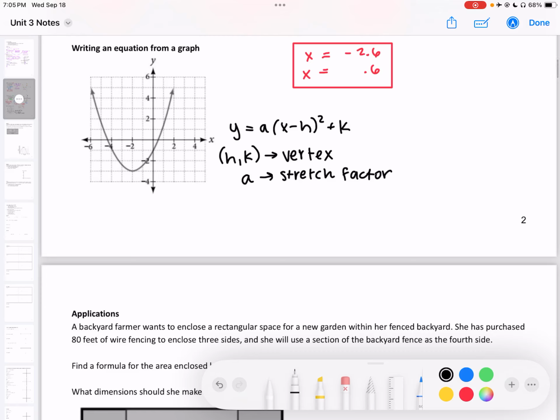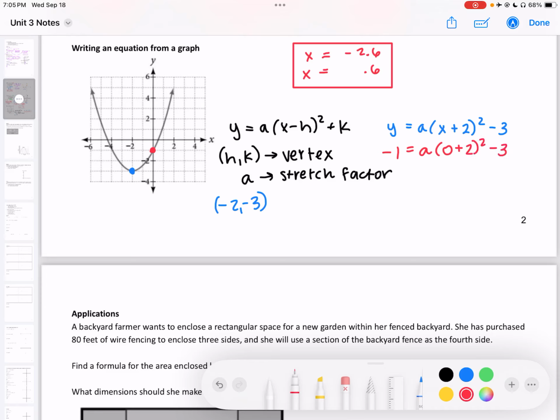So let's go ahead and plug in what we know. We know our vertex is -2, -3. So let's go ahead and plug that in. X minus -2 will be +2, and then -3. Now I need to find A. So I'm going to choose my y-intercept to plug in. -1 equals A, 0 plus 2 squared minus 3.